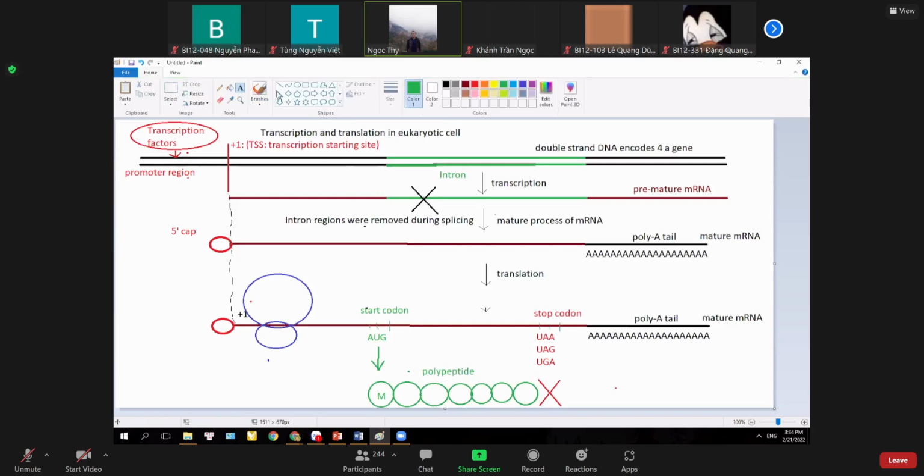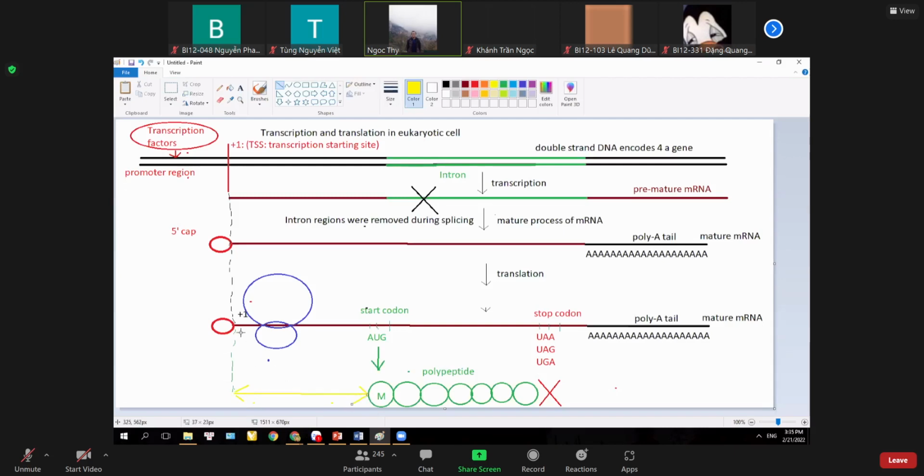But in here, we have the region from position +1 to this point.